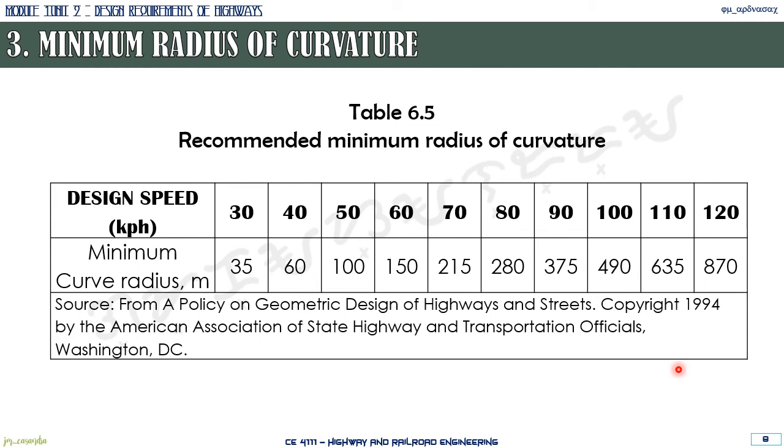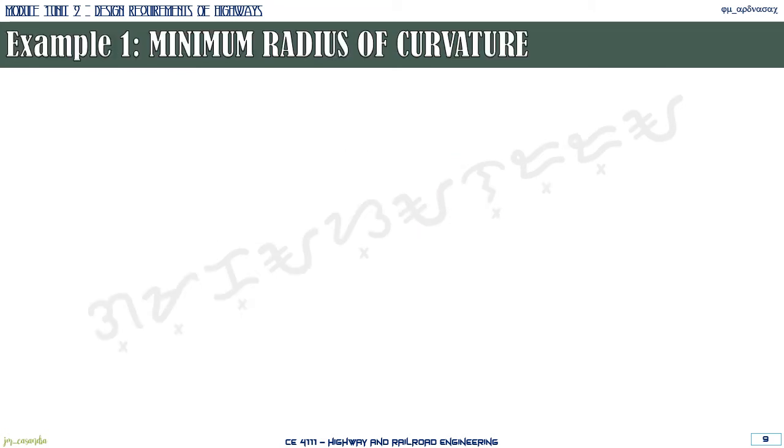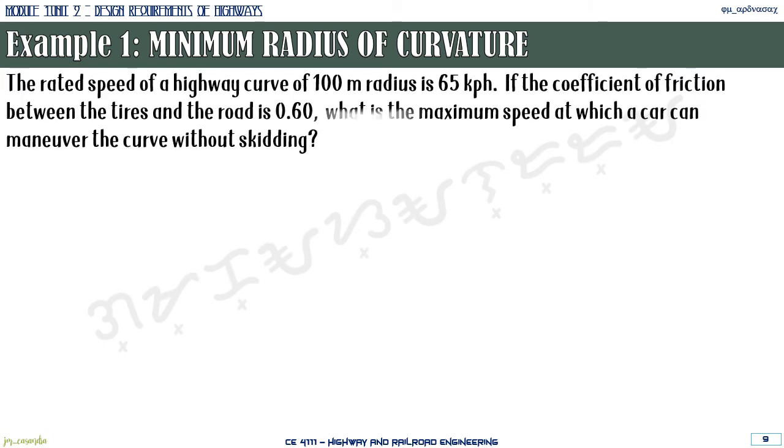In computing your minimum radius of curvature per design speed, you can check if your computed minimum radius is within the given recommended values. To understand the minimum radius of curvature further, let us solve some examples.